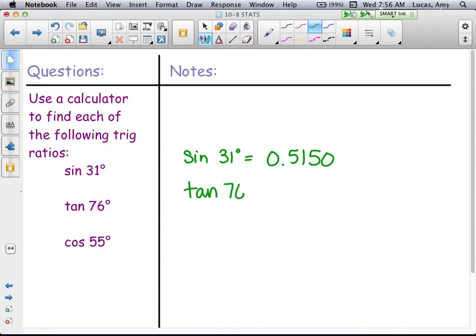Tangent 76 degrees tells me 4.0108. And cosine 55, 0.5736. So again, those are just calculator problems.